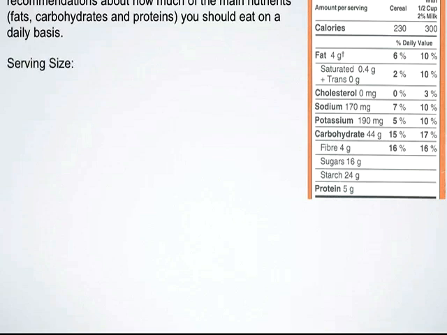So if we start picking out some of the information from this label, and again we're going to make a little bit of an organized list. Serving size is 58 grams. Calories per serving is 230 for just the cereal.